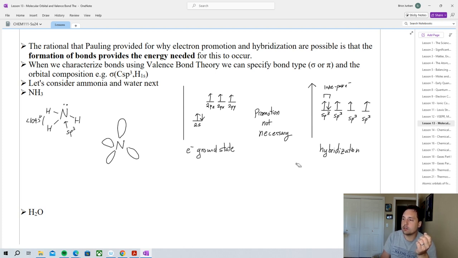On one end of the lobes, we'll draw in the 1s orbital for hydrogen. And with that one hybrid orbital, we can draw in the lone pair. So we can draw a lone pair there, and then here are our hydrogens. And we can indicate that the electrons are being shared right there.